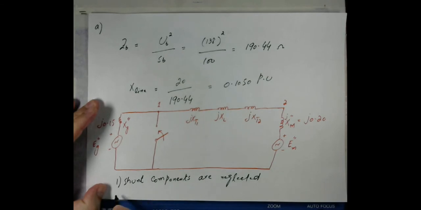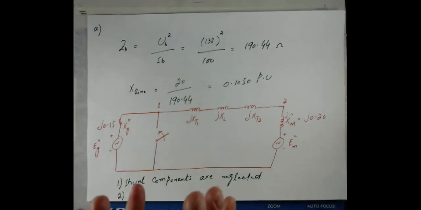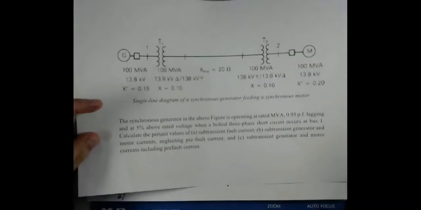The second assumption is related to the fact that when the fault occurs, it is assumed that the generators are running at rated values, or whatever value is mentioned in the description of the question.